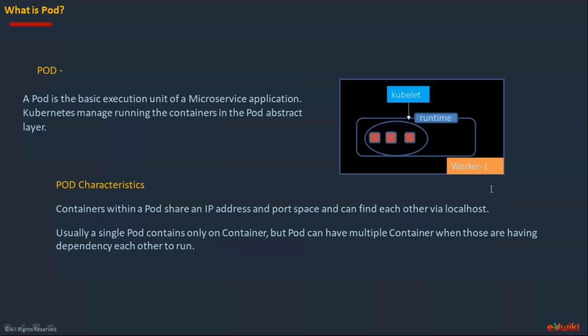So then what would be the IP of the pod if there are 3 containers running? When it comes to the Kubernetes world, Kubernetes identifies the pod, and your pod will have an IP address. Your containers will not have any IP addresses.